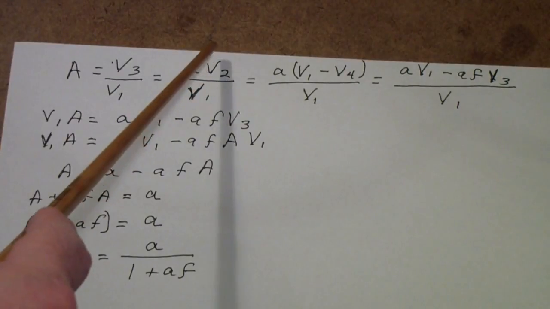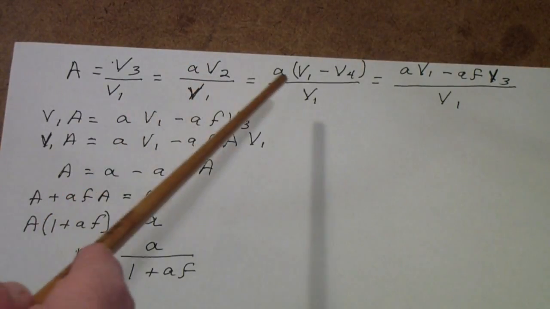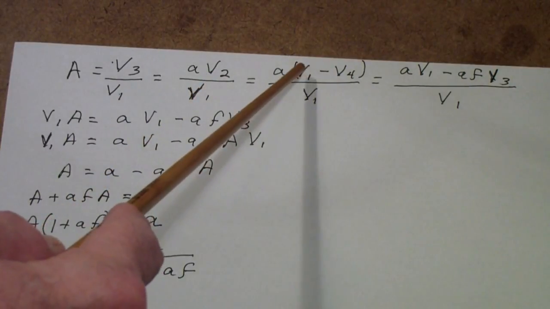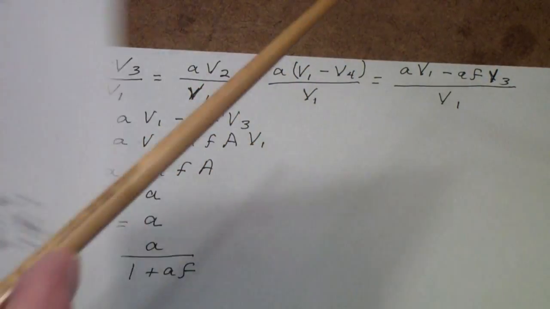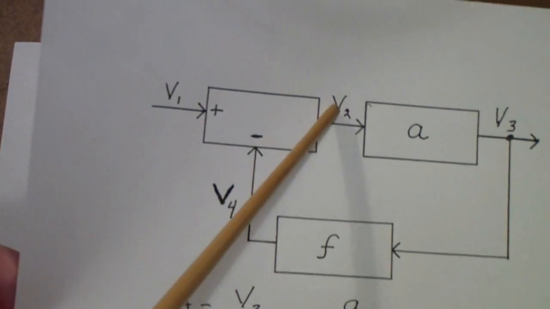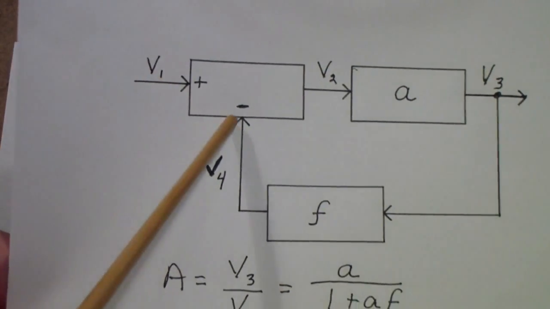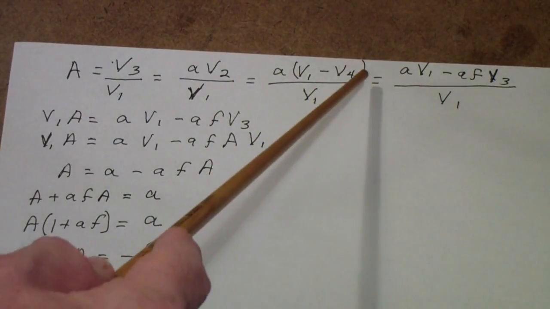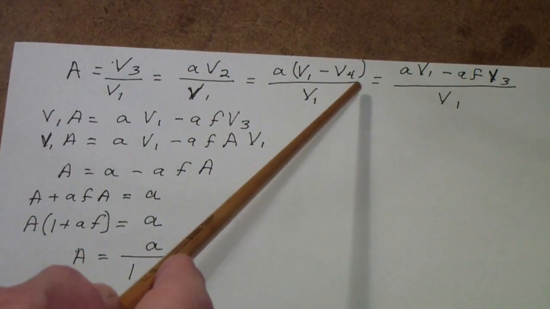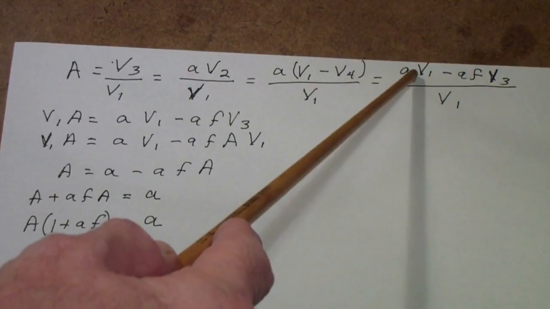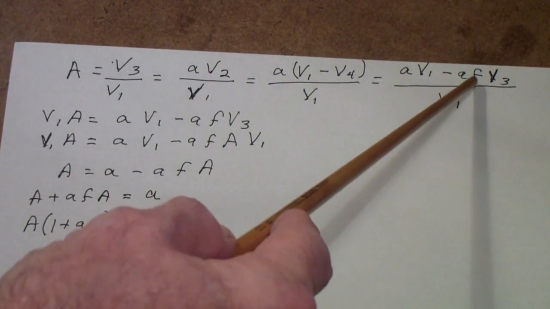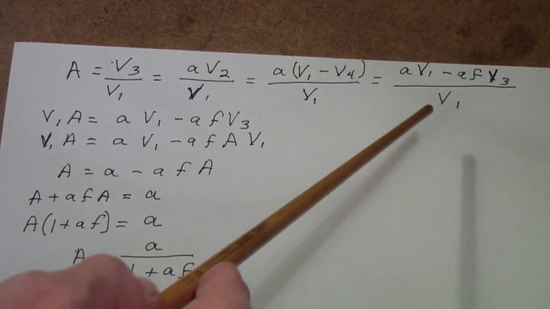So we can write this divided by V1. We know that V2 is simply V1 minus V4. Therefore, we can write this as little a times V1 minus little a times V4, which is F V3.